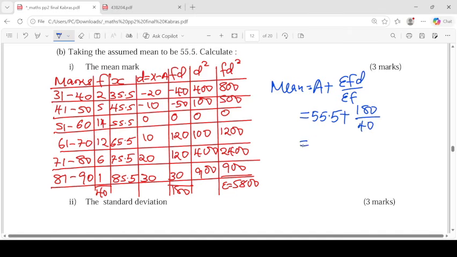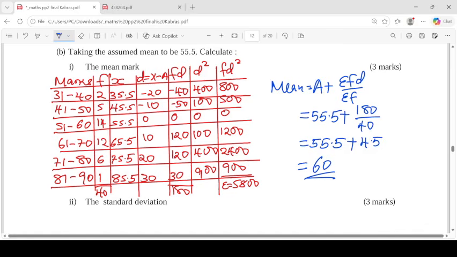So this is 55.5 being added to 180 divided by 40. This is 4.5, which exactly gives you a mean of 60.